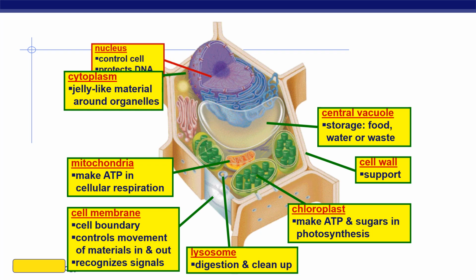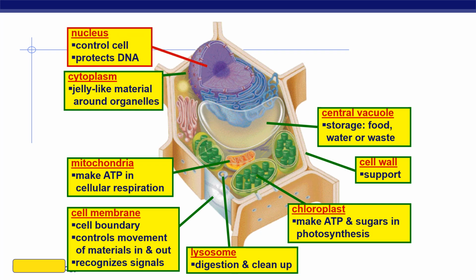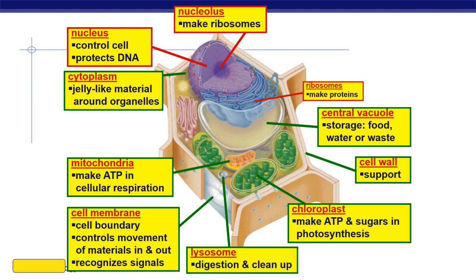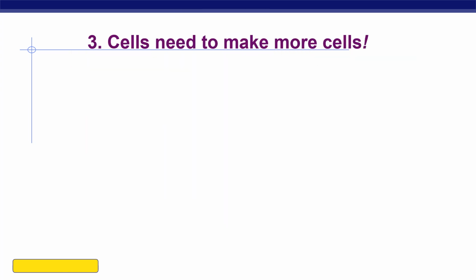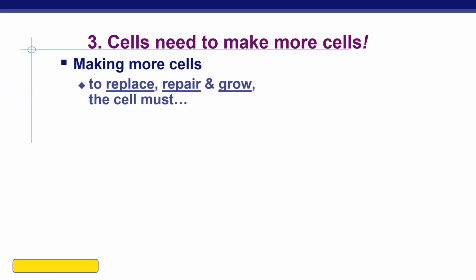So going back to that of the plant cell, there are the different parts. And cells need to make more cells. In making more cells, it has the function to replace, repair, and grow.